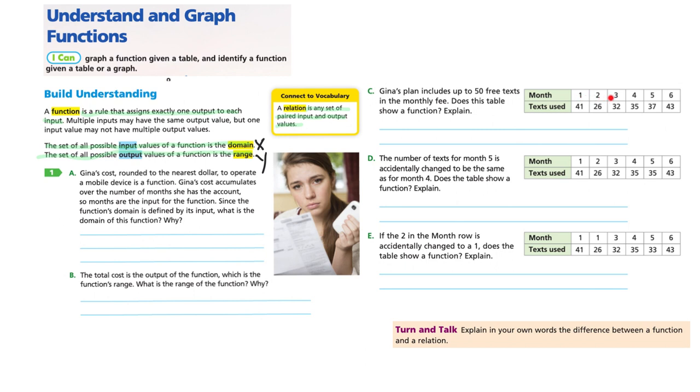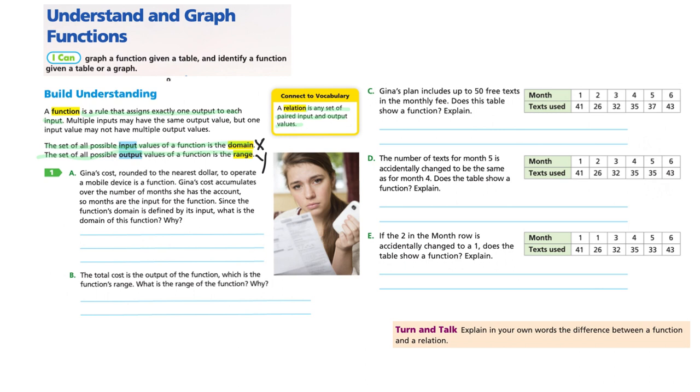So look at all the inputs and see if there's exactly one for each. Then D, the number of texts for month 5 is accidentally changed to be the same as for month 4. So here's where they're talking about 4 and 5 and they have the same output for two different inputs. Does the table show a function? And explain that.